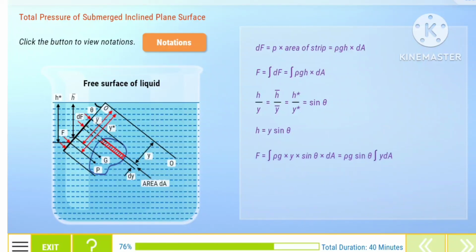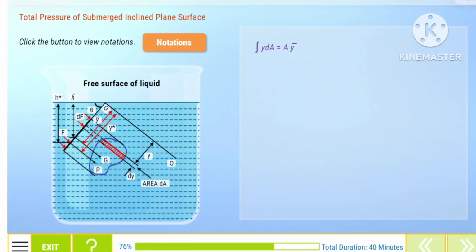Then F is equal to integral of rho g y sine theta dA, which is equal to rho g sine theta into integral of y dA. But integral of y dA is equal to A into y bar, where y bar is equal to the distance of CG from the axis O'.